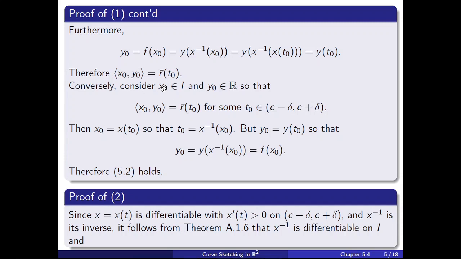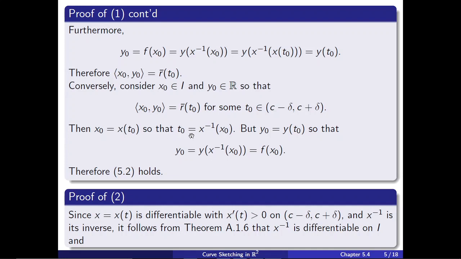So now we start off on the other side. Consider x naught, y naught such that x naught, y naught is equal to r of t naught for some t naught on the interval c minus delta, c plus delta. Then this means that x naught is equal to x of t naught, so if we take the inverse, we know the inverse exists, right?